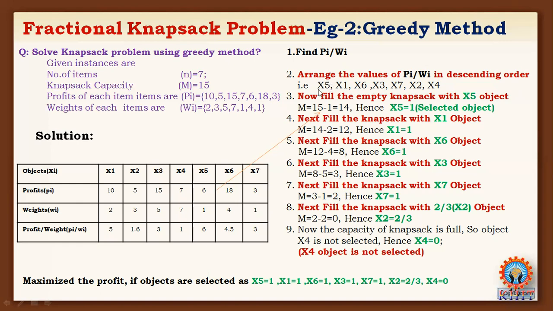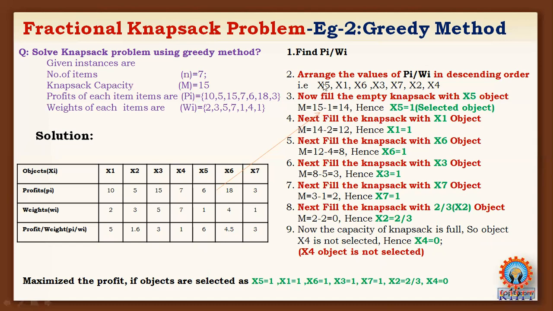First place the object 5 item. If you place object 5, then the weight of the item is to be decreased from the knapsack capacity.